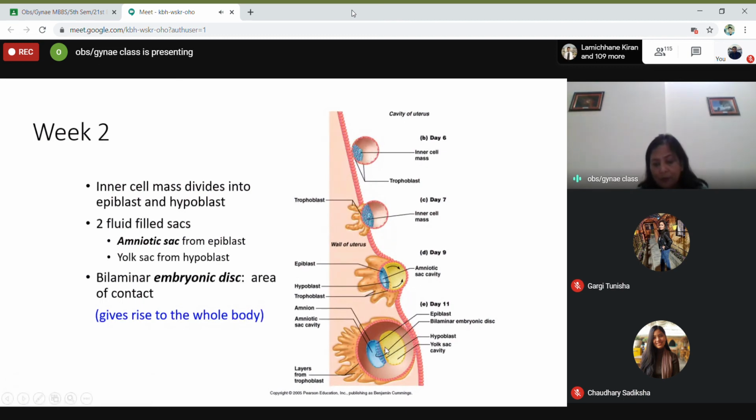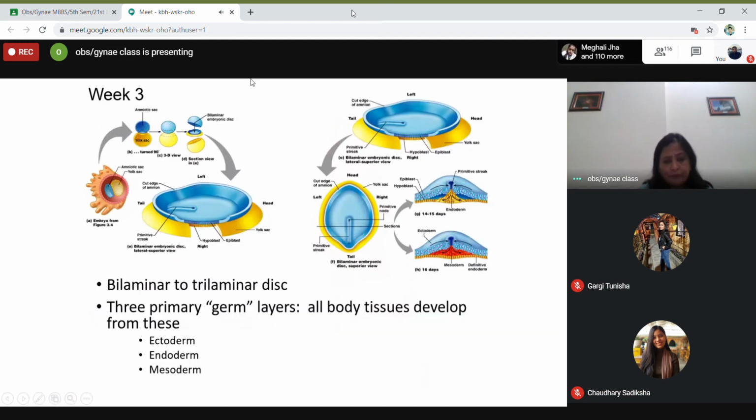Okay. So there will be the amniotic sac, and there will be the yolk sac. Then these will turn over. So at the second week, the bilaminar embryonic disc occurs, and at the third week there will be the trilaminar disc: ectoderm, endoderm, and mesoderm.